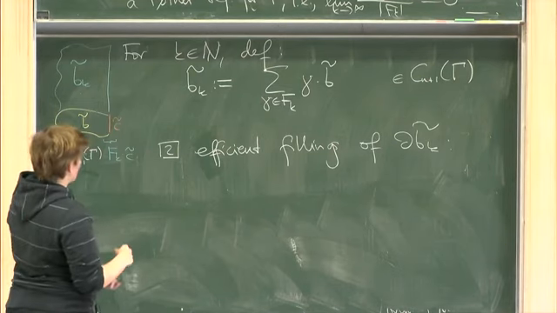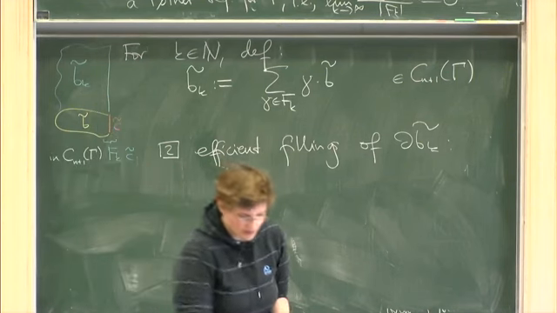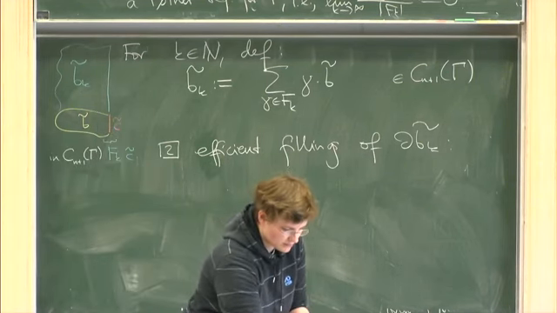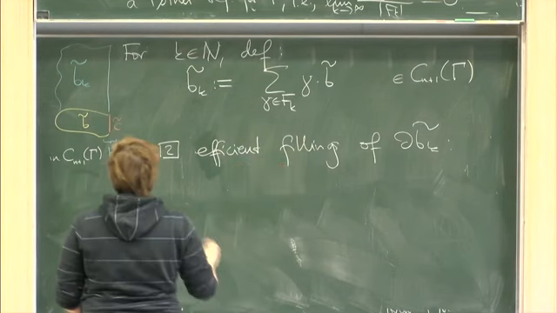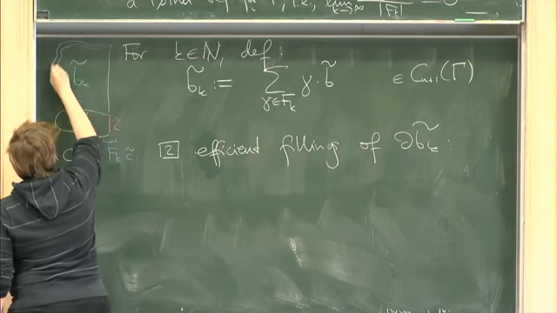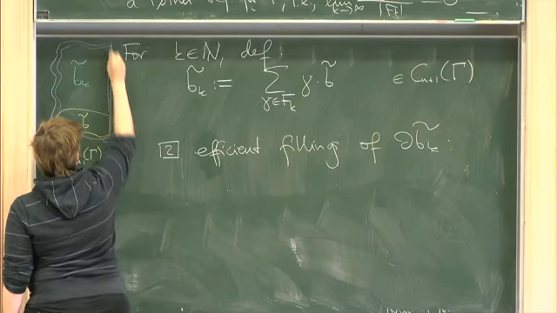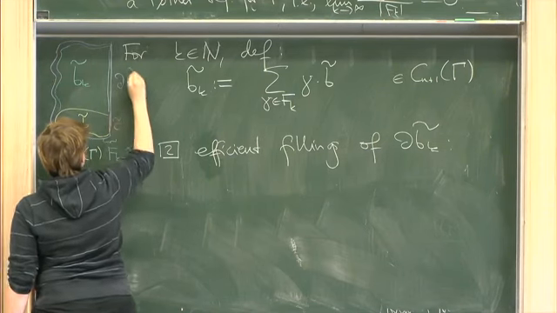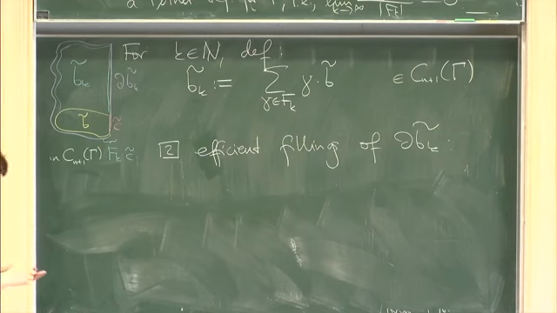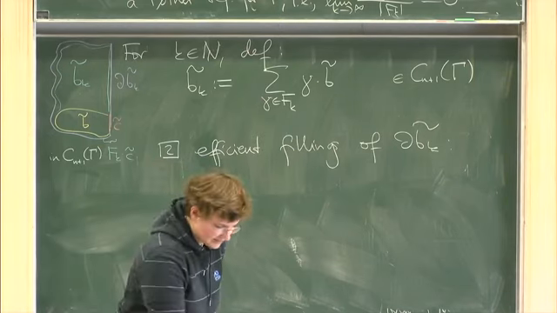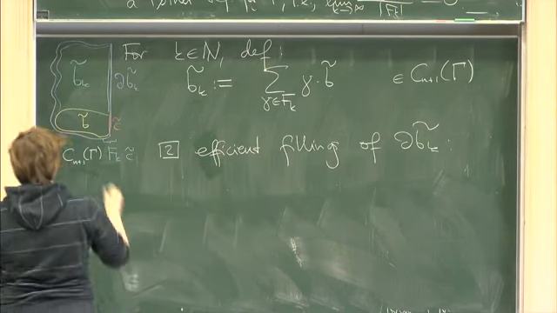So if we have this boundary of B_k tilde, let's see, that's this purple thing here, right? Now we can try to fill that using a cone construction.